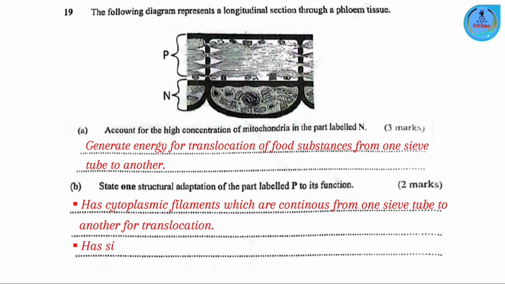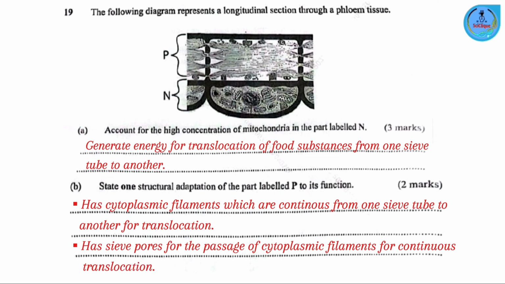Number two, they have sieve pores, those for the passage of the cytoplasmic filaments. So the cytoplasmic filaments are able to pass from one sieve tube to another because of the sieve pores. And this allows for the continuous translocation of food from one part of the plant to another.